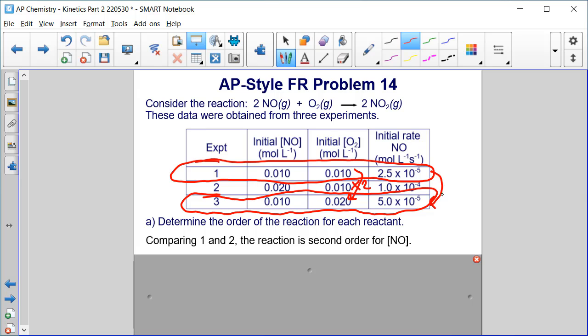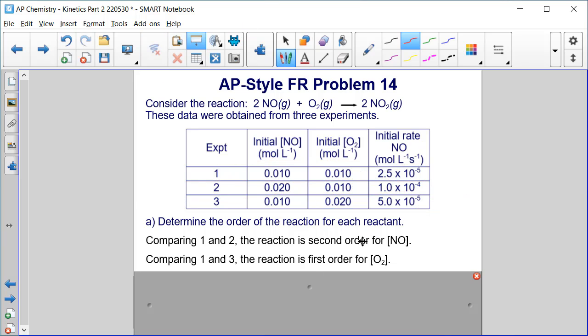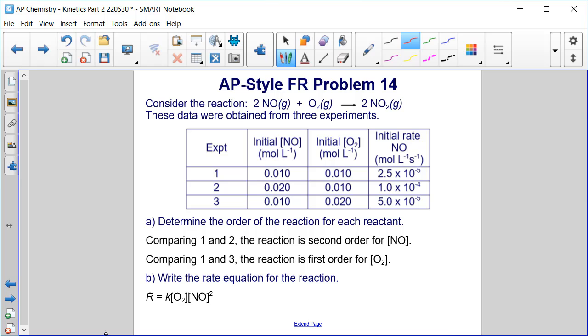And with that doubled concentration, what happens to the rate? 2.5 to 5, it is also doubled. So we would call that first order for O2. Now that we know the order with respect to NO and O2, we can write the rate equation. So rate is equal to k times the concentration of O2 to the first power times the concentration of NO to the second power.